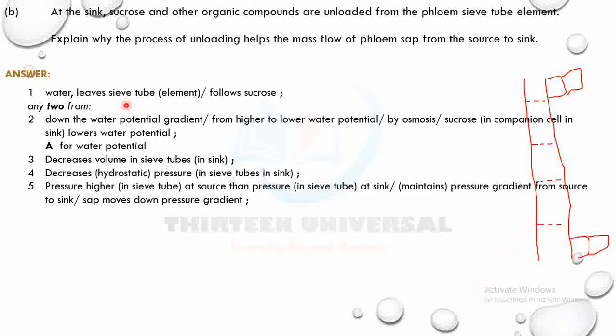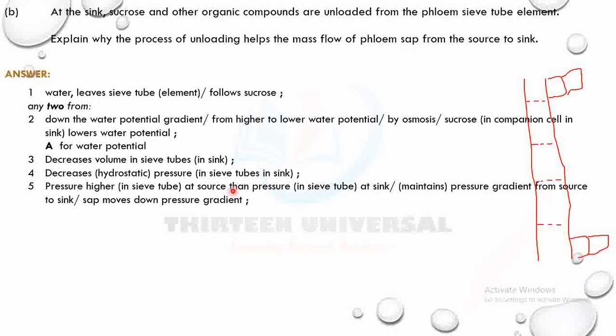Look at it: water leaves the sieve tube element and follows sucrose. So sucrose moves out, and water moves out with it, down the water potential gradient. That decreases the volume in the sieve tube, and once volume decreases, hydrostatic pressure also decreases.